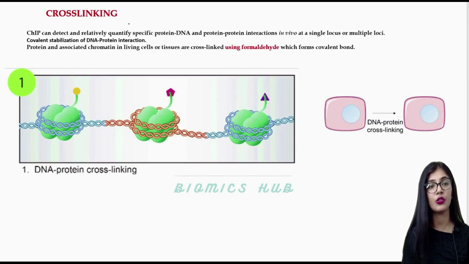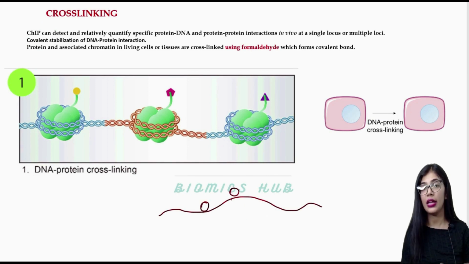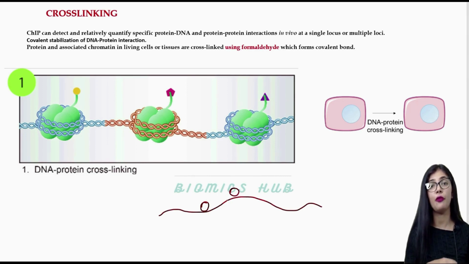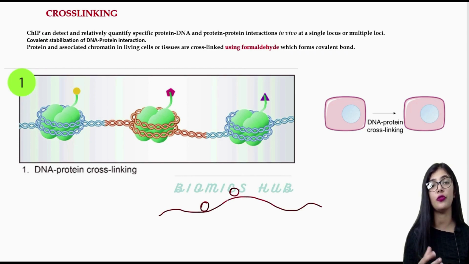So the first step here is cross-linking. What happens whenever we look at a DNA? In this DNA, there are various types of proteins linked. This linking or interaction may be a strong interaction or it may be a weak interaction. So whenever we are doing the lysis or extracting the DNA from the nucleus, if there is a weak interaction between the DNA and the protein, it can be disrupted, or the bonding between the DNA and the protein will be removed. So to prevent that, we do the cross-linking.